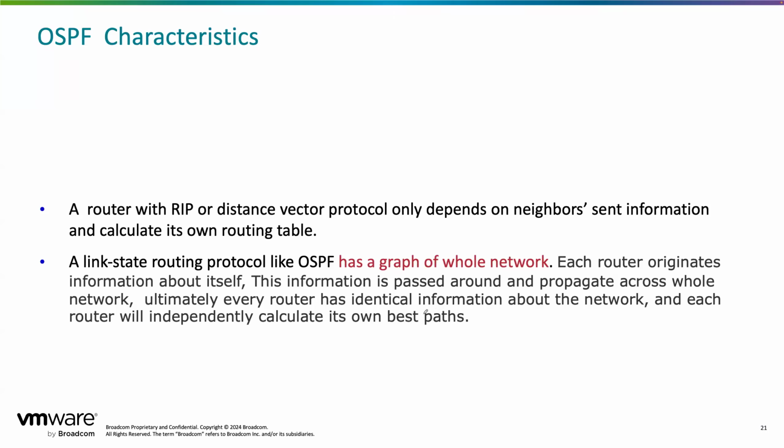Then they exchange that information so that finally the information is passed around the entire network, or you can say the information propagates through the network. Every router has identical information about the whole network, and based on this identical information, or database, it obtains the whole graph.